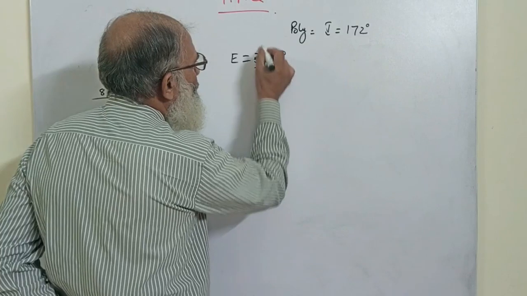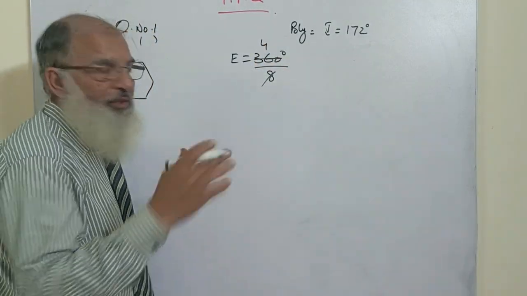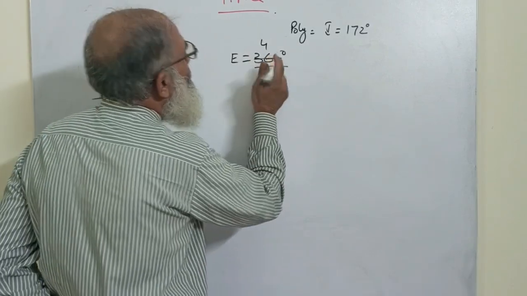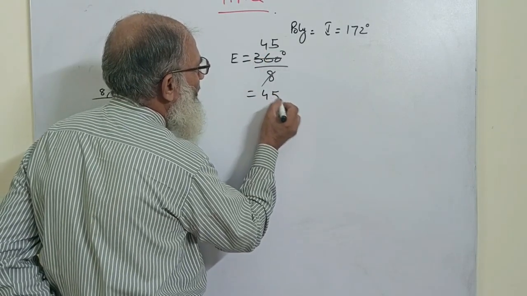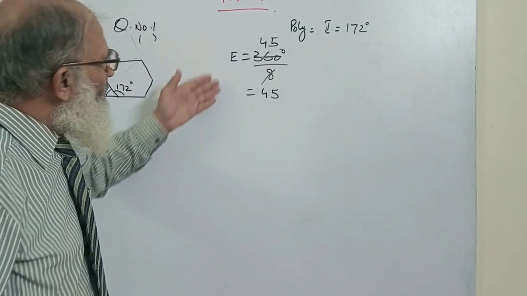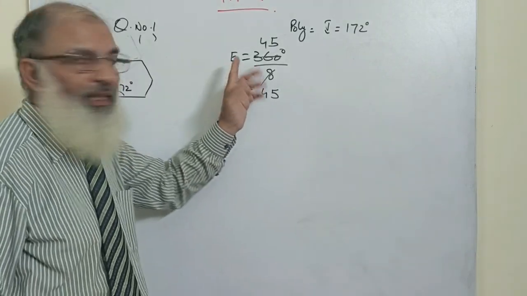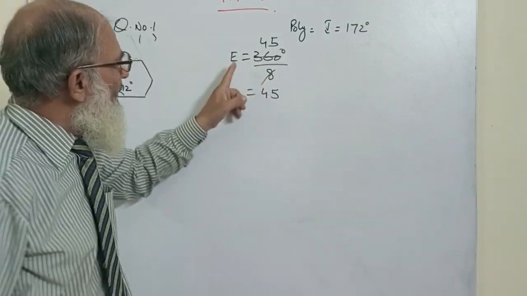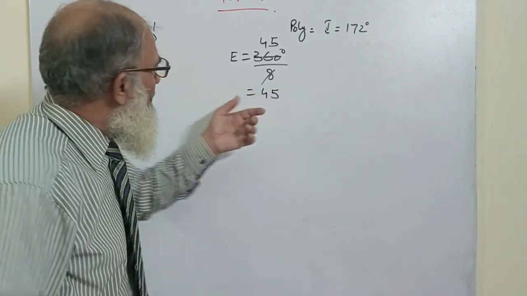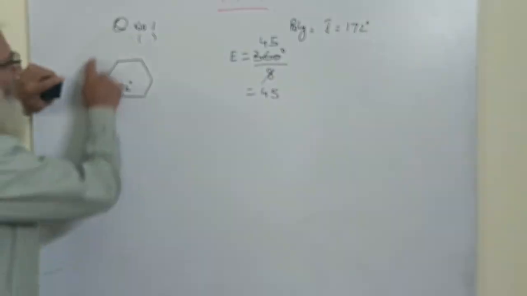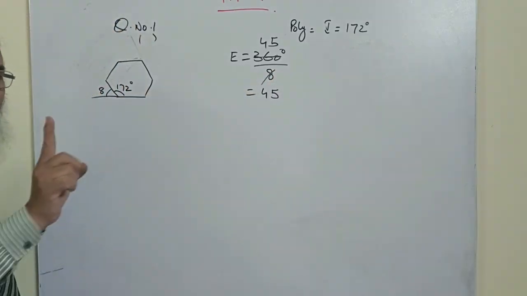Now 8 fours are 32 and 8 fives are 40. 8 fours are 32 and 4 comes out of it, and it will be 45. Now my dear students, since we know that the sum of the exterior angles of any polygon is 360 degrees, we'll divide it by one exterior angle.